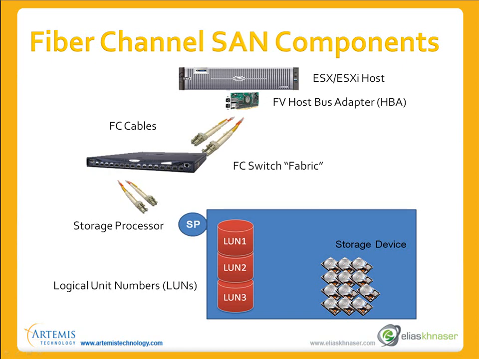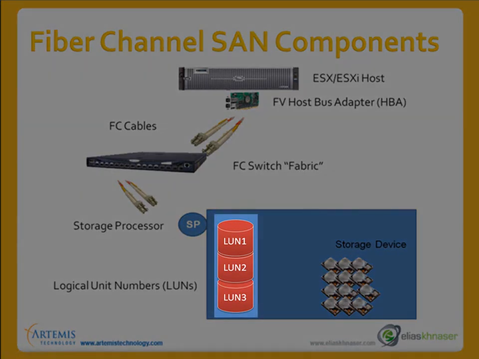The fourth component here is the LUNs. What does LUN stand for? LUN is logical unit number, and it is a representation of the combination of multiple physical storage devices. You take some of the physical disks here, 1, 2, 3 of them, and you make a LUN out of them. You combine the storage of all these three devices, either in a RAID 5, a RAID 0, or a RAID 1, and you create a LUN.